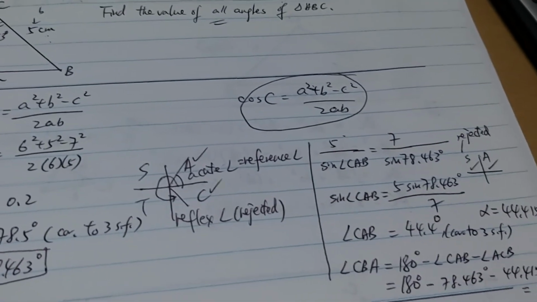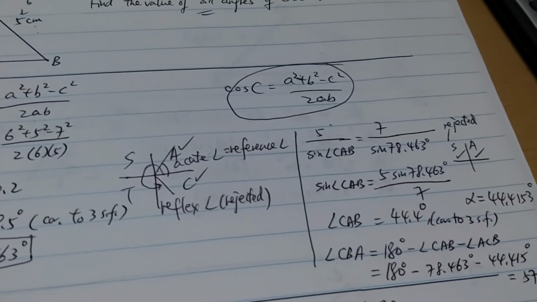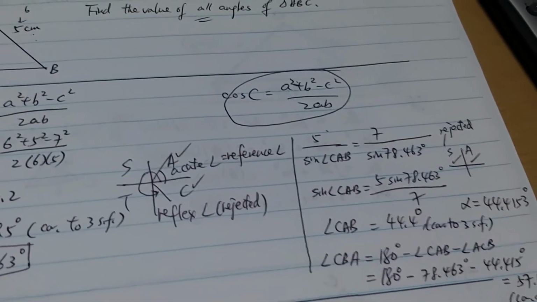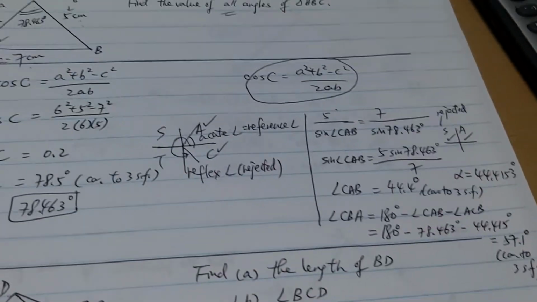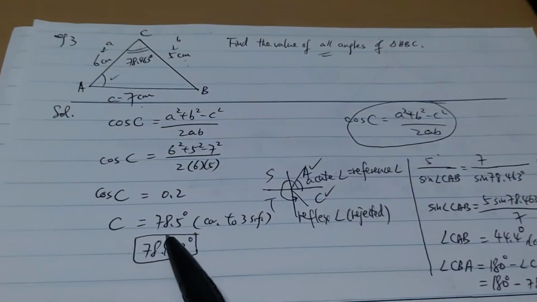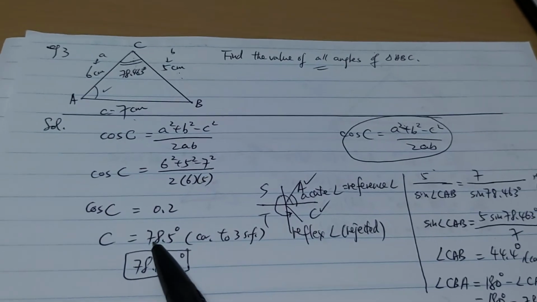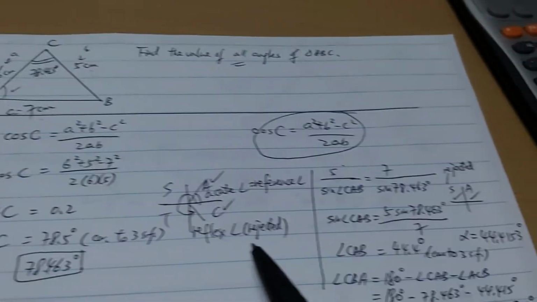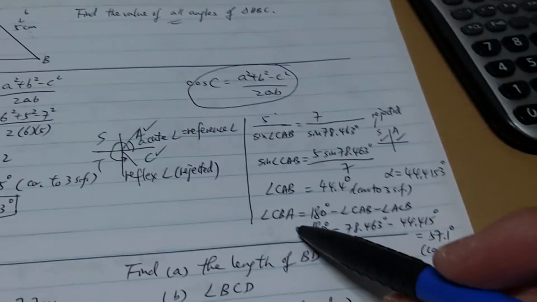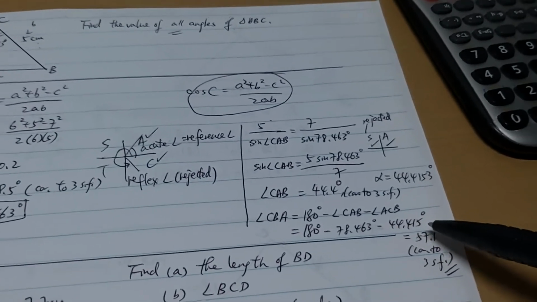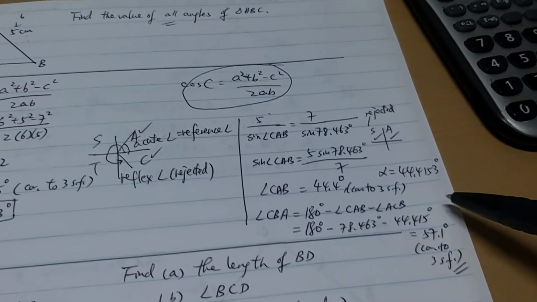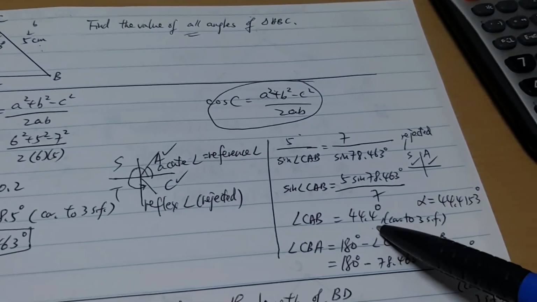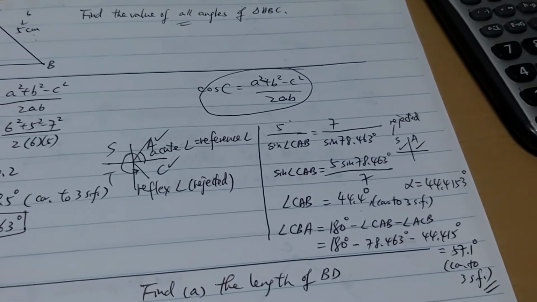So the answer is 57.1 degrees. So the first angle, angle C is 78.5 degrees. Angle B is 57.1 degrees, and angle A is 44.4 degrees.